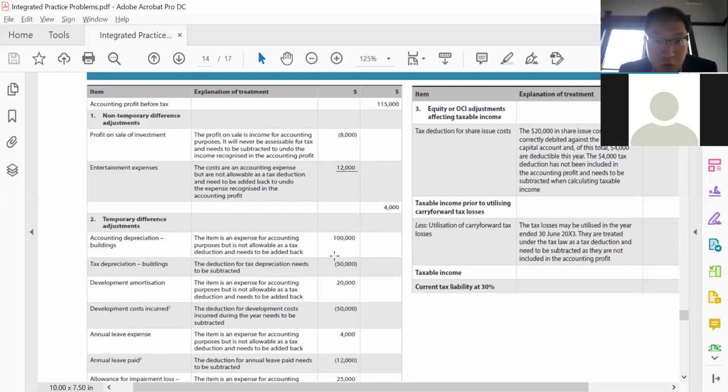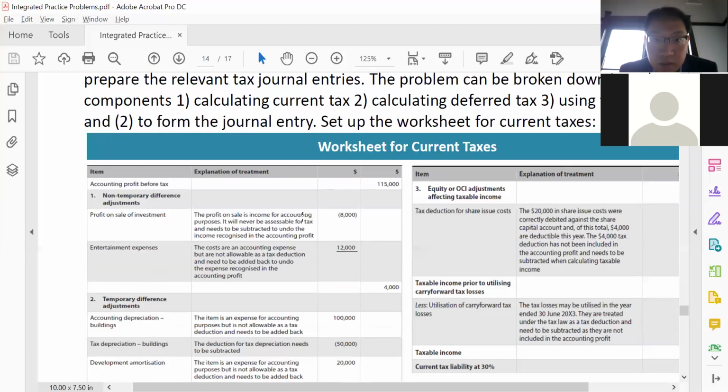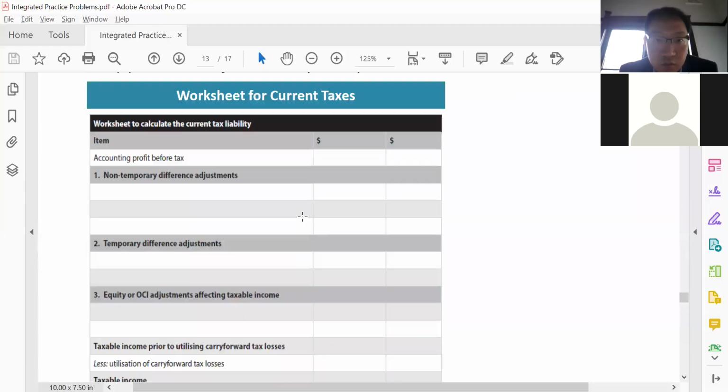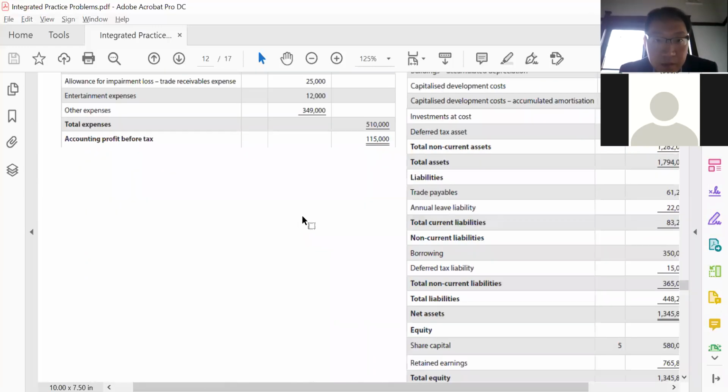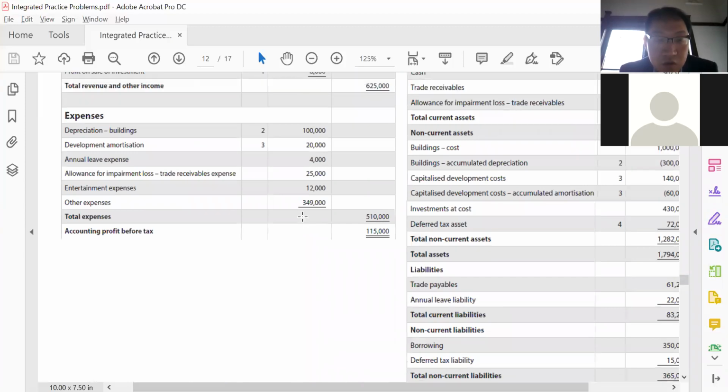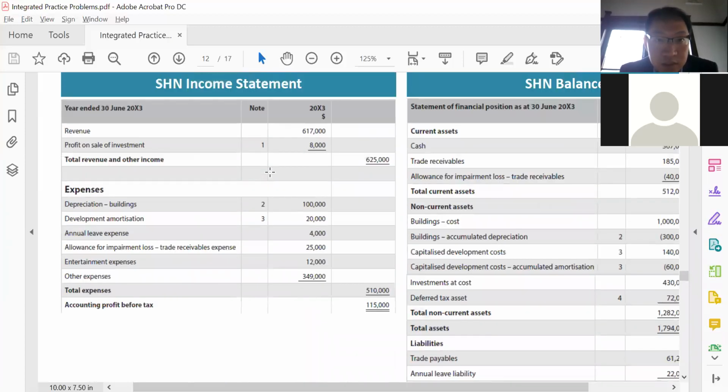So again, if we walk through where this 100,000 came from and where this 50,000 came from, we can go back to our question. The accounting expense is quite easy. We just look at the P&L. The accounting expense for depreciation is 100,000. What about the tax depreciation? Where did we get that from?